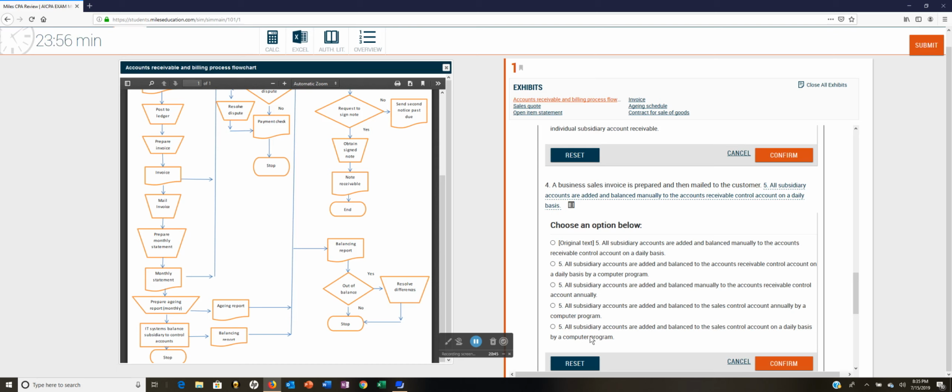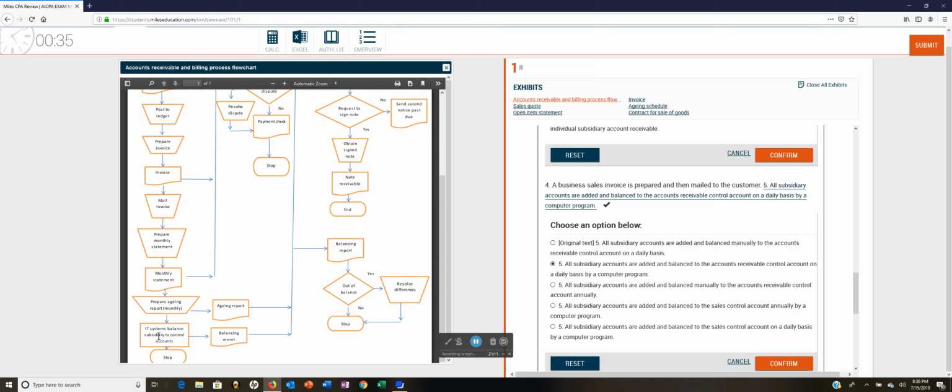No, it says AR is going to would be posting to accounts receivable, right? Because if the sale has been made, we want to now create an AR, so I'm going to pick this one. All subsidiary accounts are added and balanced to the accounts receivable control account on a daily basis by a computer program.